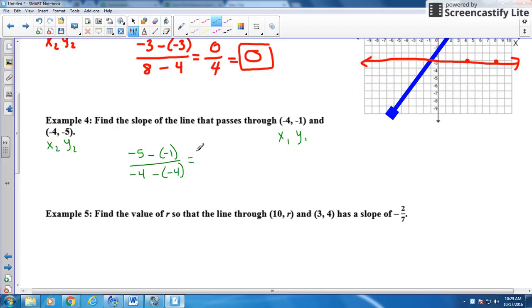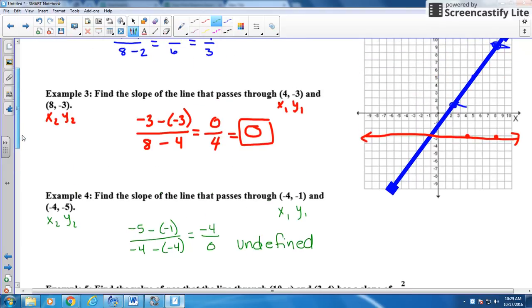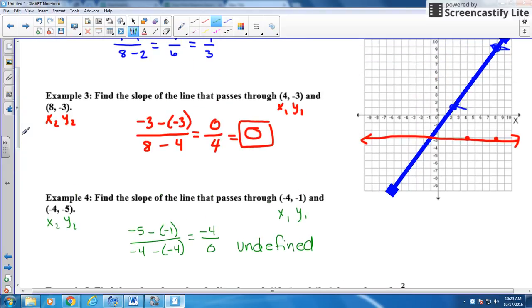Well, -5 plus 1 is -4. -4 plus 4 is 0. Oh, watch out. Remember, when we have 0 in a denominator, we cannot have that. This means that this slope is undefined.